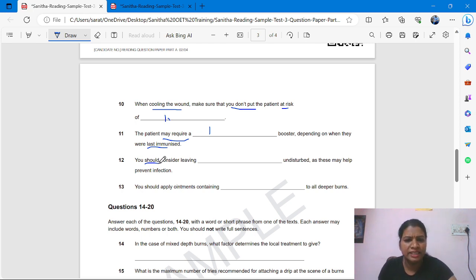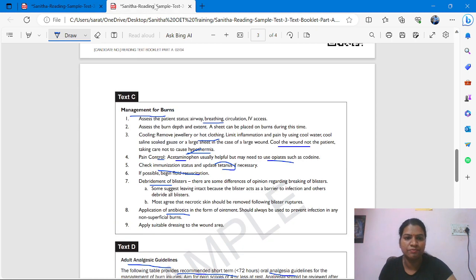You should consider leaving blisters undisturbed, as these may help prevent infection. Debridement of blisters: there are some differences of opinion regarding breaking of blisters.